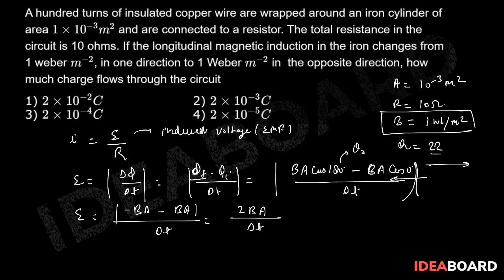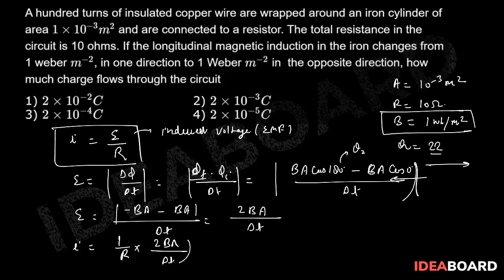And we know that I is equal to E upon R. So if we put the value of E in this equation, we get I is equal to 1 upon R into 2BA divided by delta t. And one more important thing we know about I, that is delta Q divided by delta t. So delta t will be cancelled out.